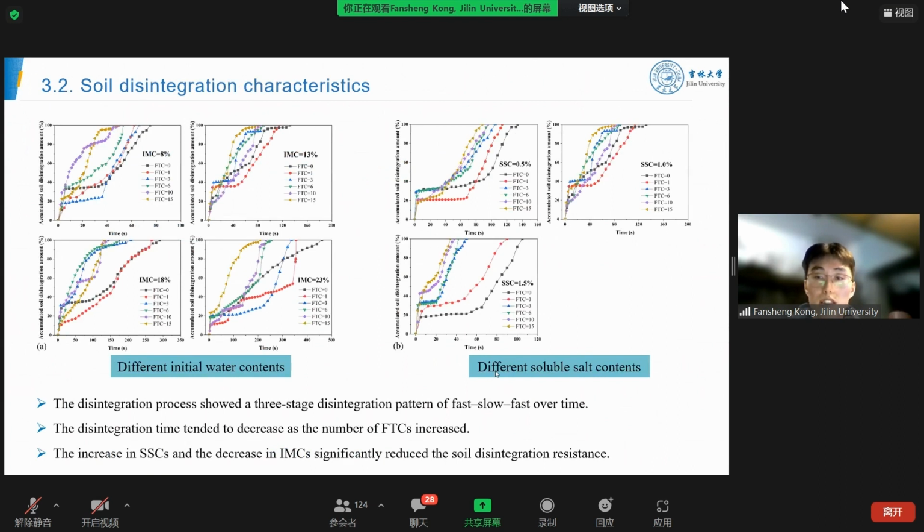In the disintegration test, all samples were completely disintegrated. The disintegration amount was as high as 20 to 40% within a few seconds after soil samples were immersed in water, which is the edge effect. The increase in soluble salt content and initial water content reduced the soil disintegration resistance.